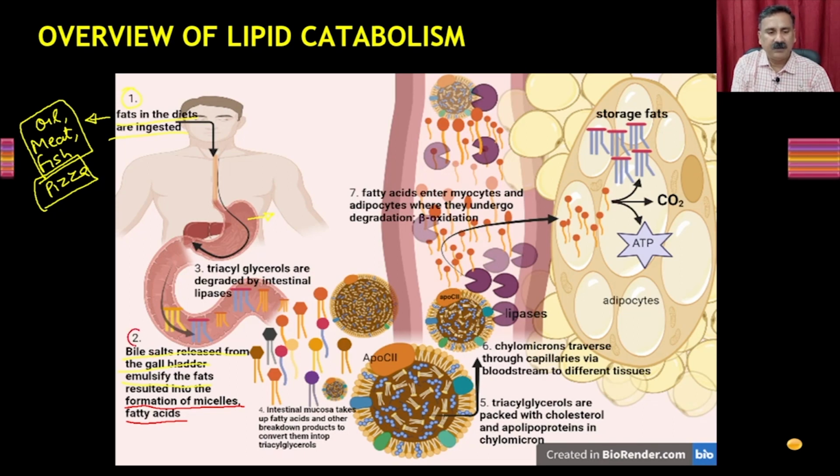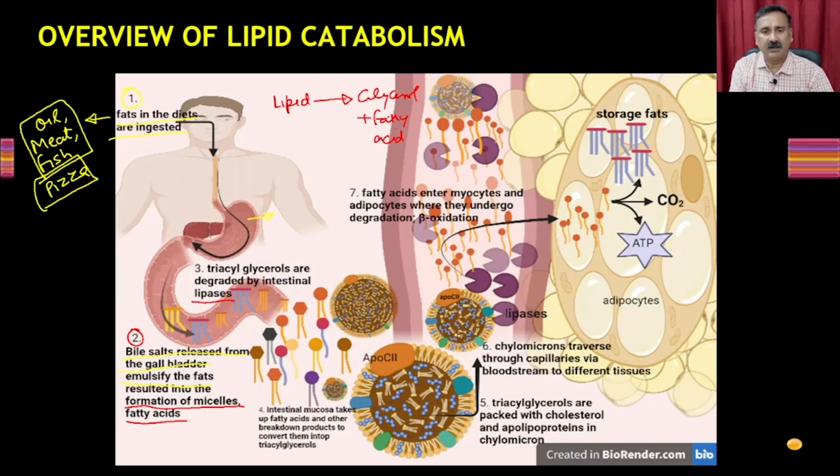This emulsified fat enters the small intestine and is degraded by enzymes called lipases. Lipases convert the lipid into glycerol and generate fatty acids, which could be saturated or unsaturated, though we are not concerned with that here. So the pancreatic lipases act on the lipid molecules and produce fatty acids.